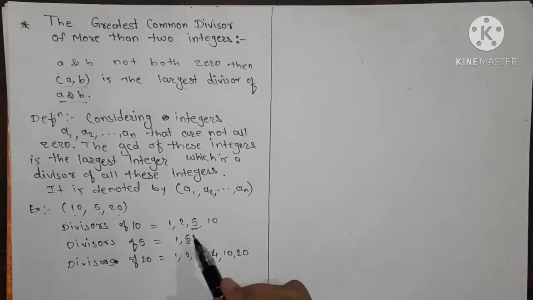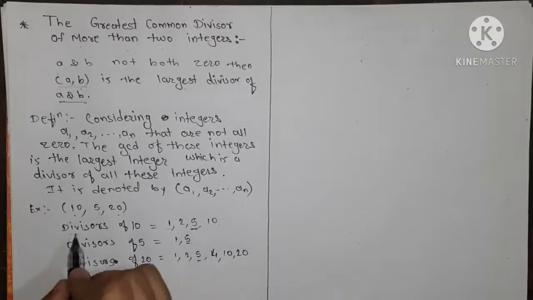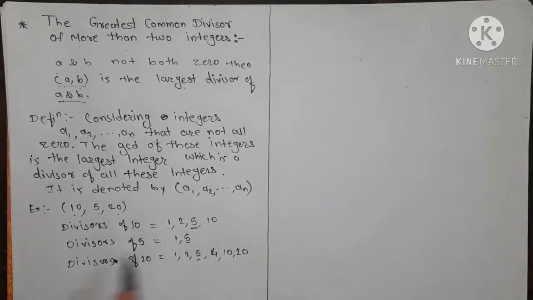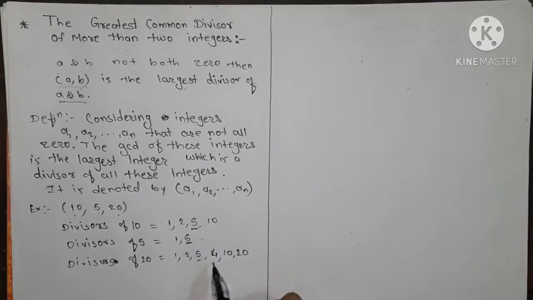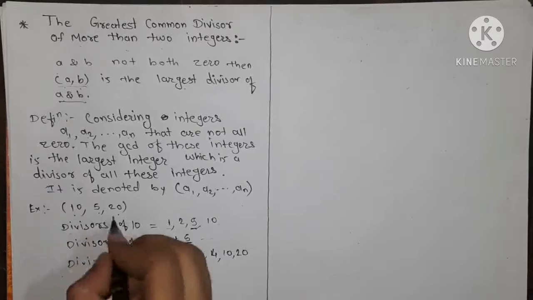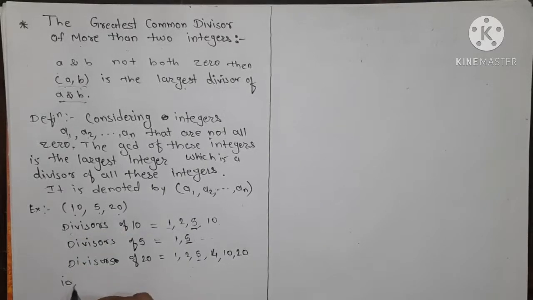Okay, so 5 is the common divisor. Also it is the greatest common divisor, because the divisors of 5 are not going further, so therefore 5 is the GCD of these integers. That is, the GCD of 10, 5, 20 is equal to 5.